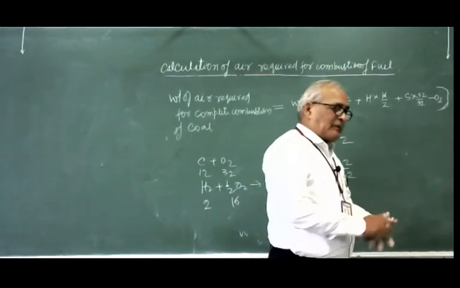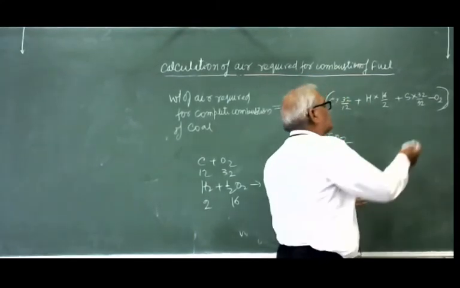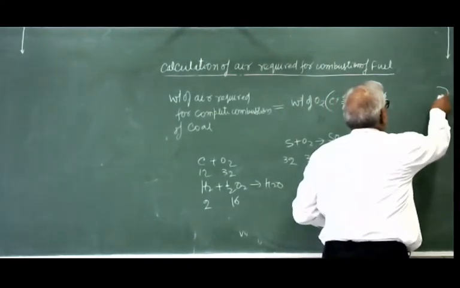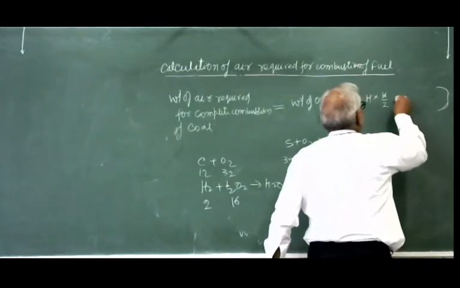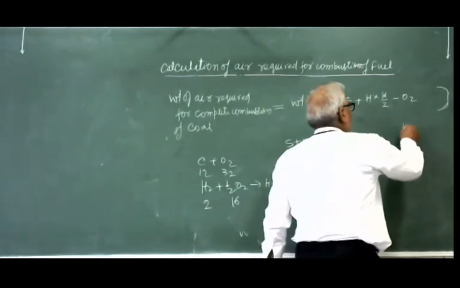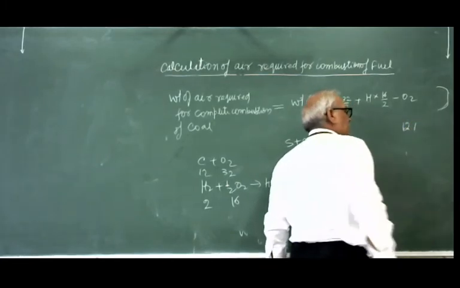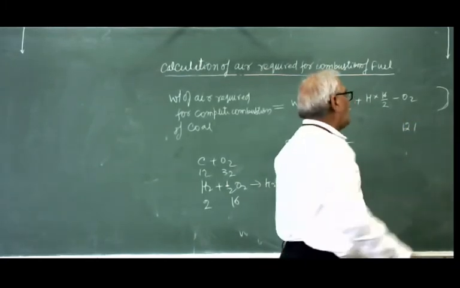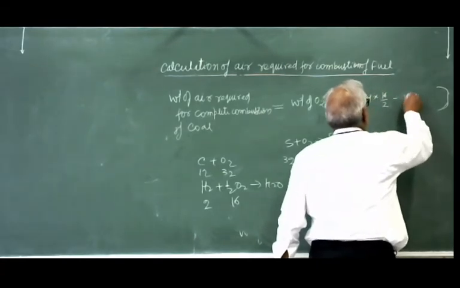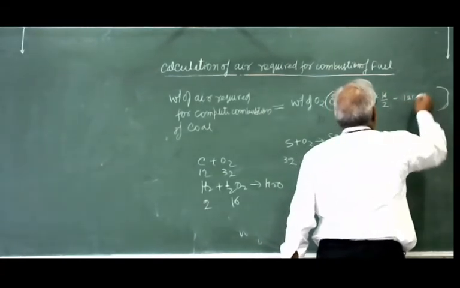If sulfur is given, but in this numerical no sulfur is given, so it is not required. So we can say simply minus O2, and 12.1% of the oxygen is present, so you shall put here 121 gram of oxygen.